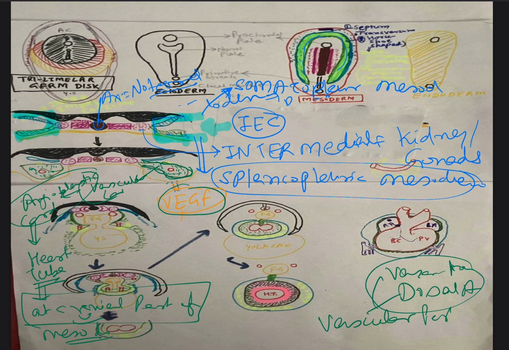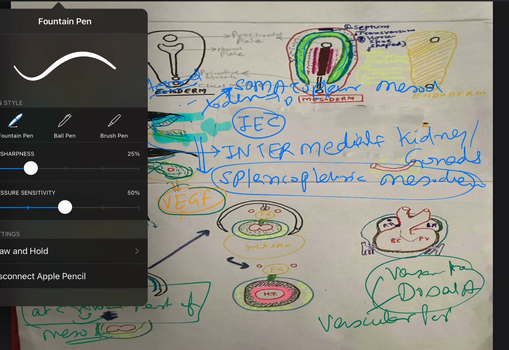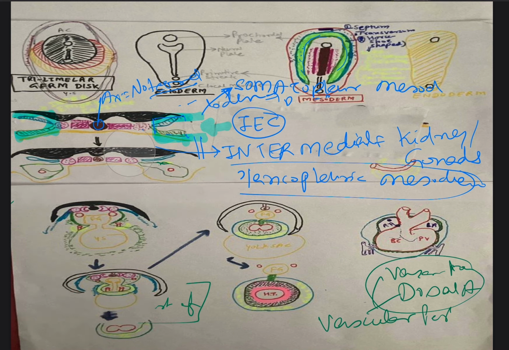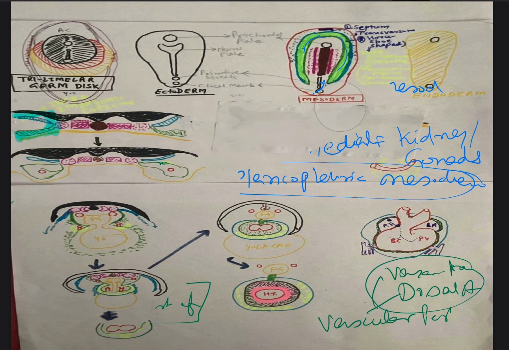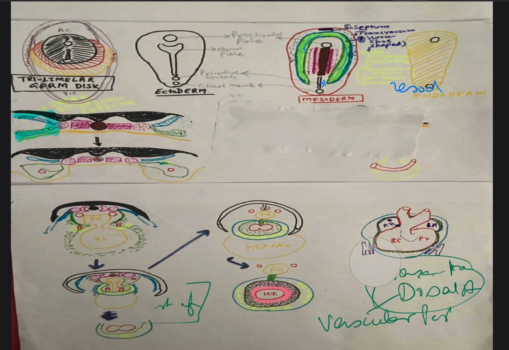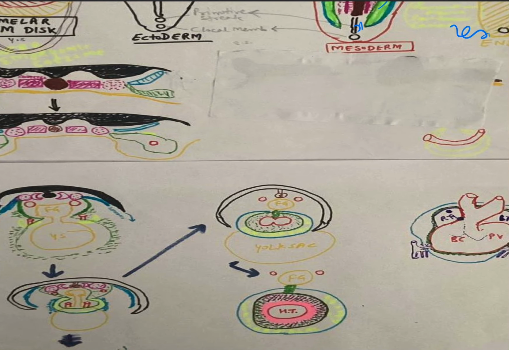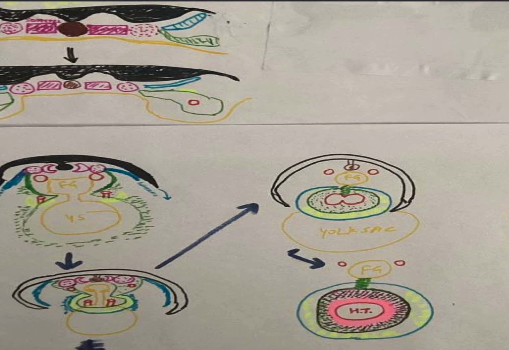Okay friends, shall we move ahead? Clear? Under the influence of VEGF, splanchnopleuric mesoderm develops and forms the heart tube at the cranial part of the buccopharyngeal membrane, and the other part takes part in the dorsal aorta and other vascular parts.